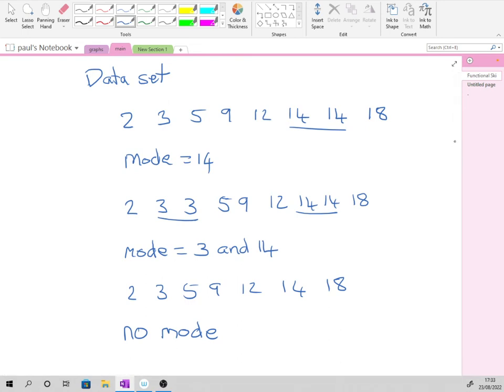If you were counting different coloured cars that went down the street and you made a table, there were so many red ones, so many black ones, so many silver ones, the colour that appeared the most would be the mode. And that's all there is to the mode, there's nothing else.